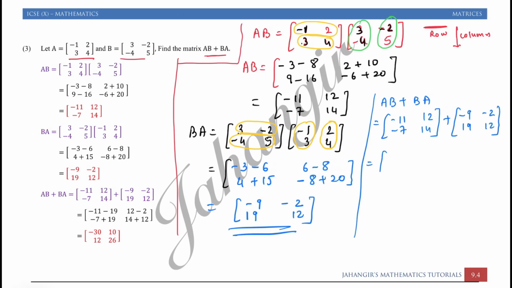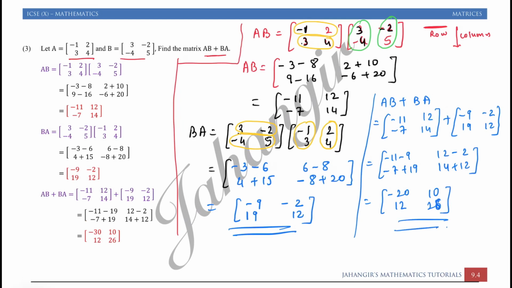So adding up you will get minus 11 minus 9 as the first term, minus 7 plus 19, then 12 minus 2, 14 plus 12. Minus 11 minus 9 is minus 20, 19 minus 7 is 12, 10 and 26. Okay, this is the final answer.